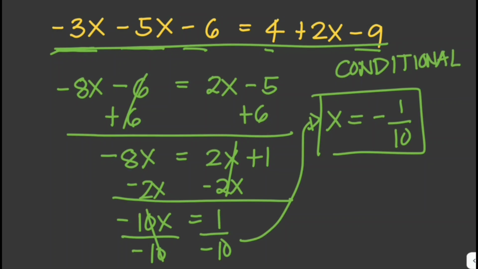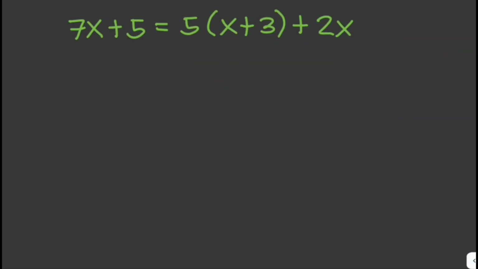Okay, let's try some more problems. What if we're given this equation here? Let's identify and verify the identity of this one. So we're given 7x plus 5 equals 5 times x plus 3 plus 2x. The expression on the left is already simplified, so let's simplify the one on the right. So let's just copy 7x plus 5 here.